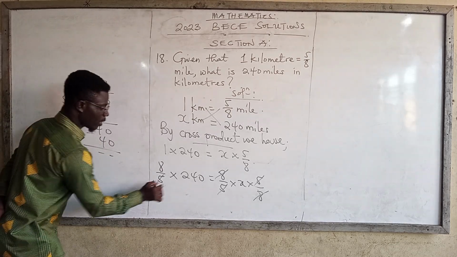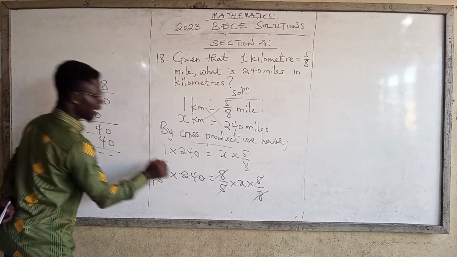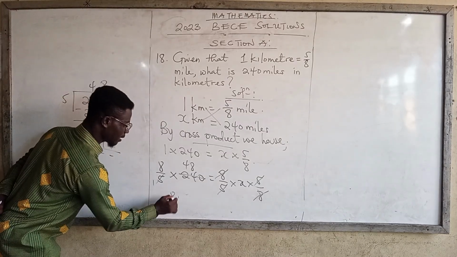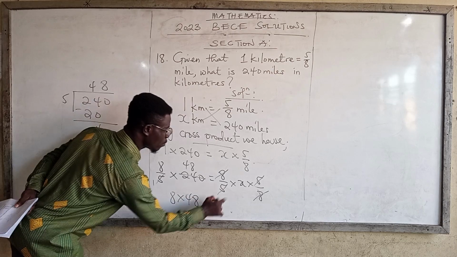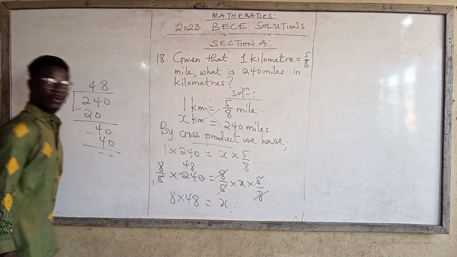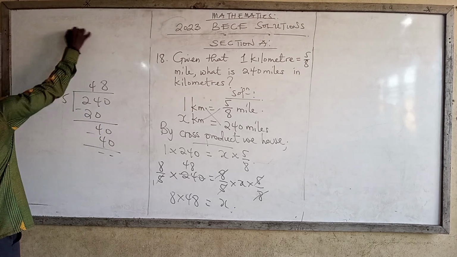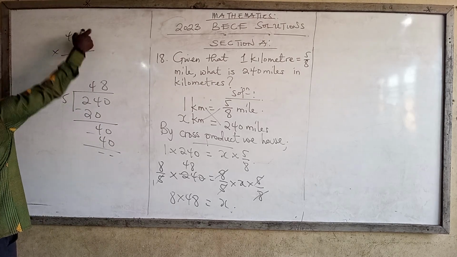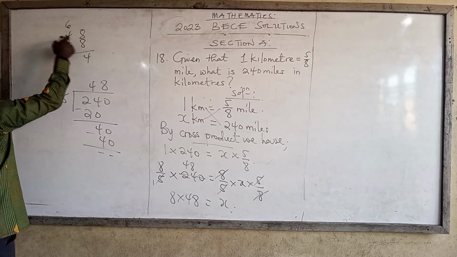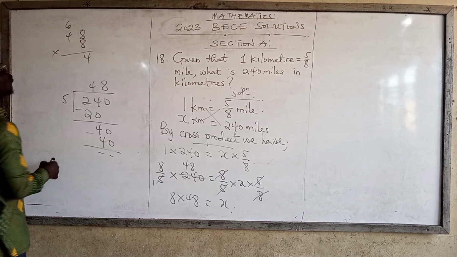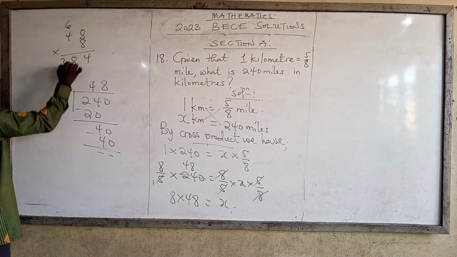So 5 into 240, we obtain the quotient to be 48. So we have 8 times 48 equals x, right? Now 8 times 48, let's see. 8 times 8, 64. 8 times 4 is 32, plus 6, we have 38.